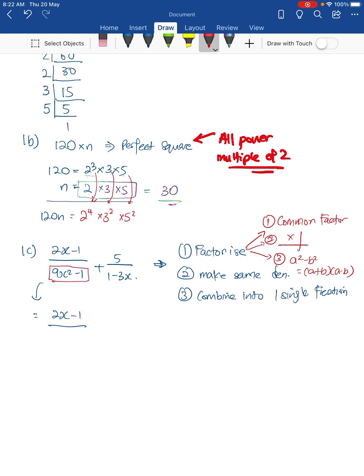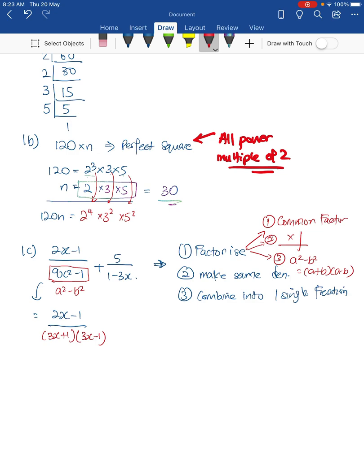So how do we factorize this 9x squared minus 1? Very clearly we're going to factorize using a squared minus b squared. We need to square root the 9x squared, so we get 3x plus 1, 3x minus 1.